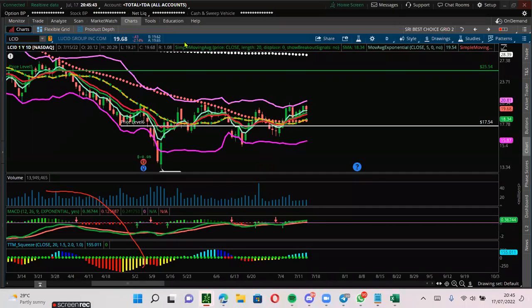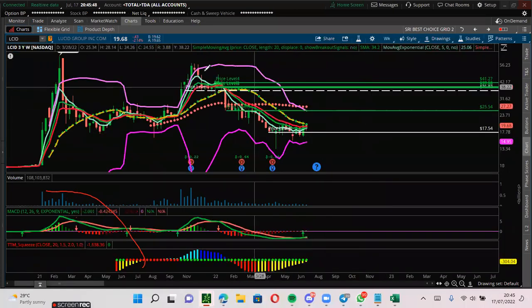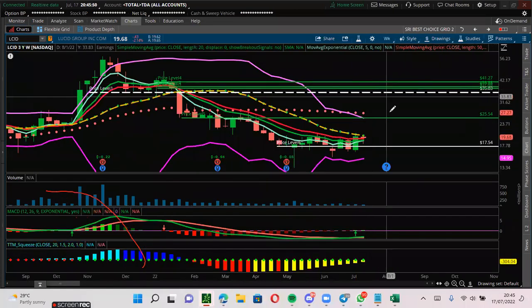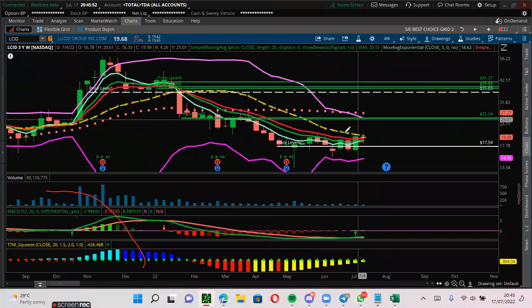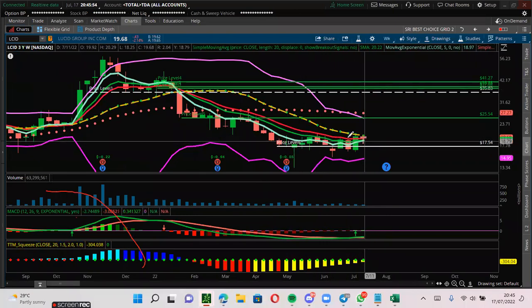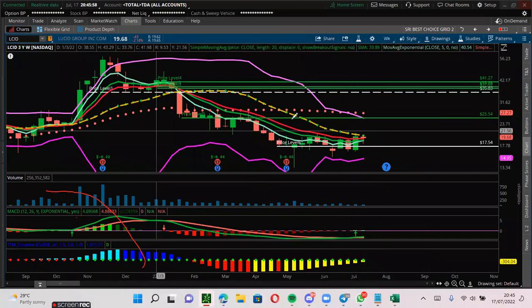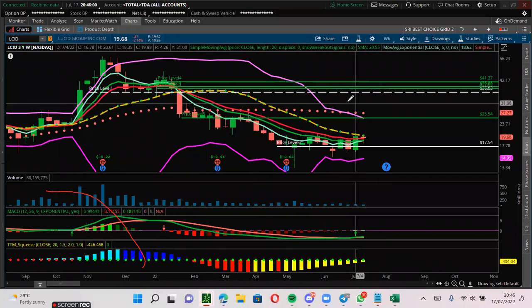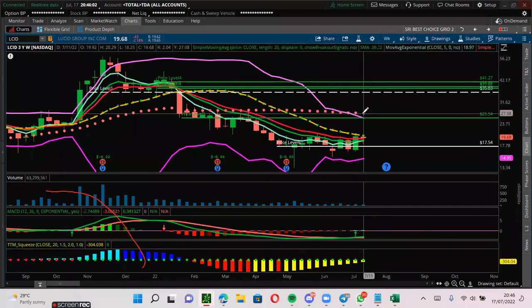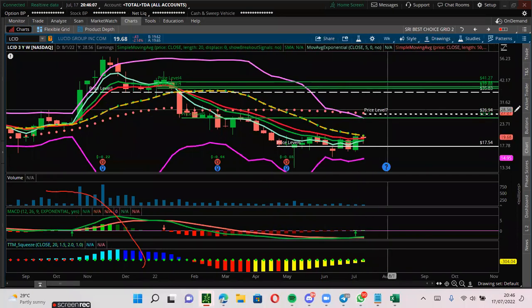Okay, if you look at Lucid right now, and I do a weekly chart on this, it is consolidating right now, right? And eventually they're not really going to produce very soon, so we can start selling some of these calls, not 27, which is at the resistance levels.